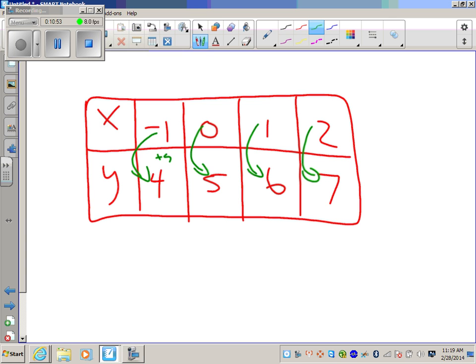So let's test adding 5, because I know if I multiply 0 by anything, that's going to be 0. Is that 0? So I must be adding 5. Is that true for 1 plus 5 is 6, 2 plus 5 is 7? Good. So now I'm going to write the rule as what, Zay?